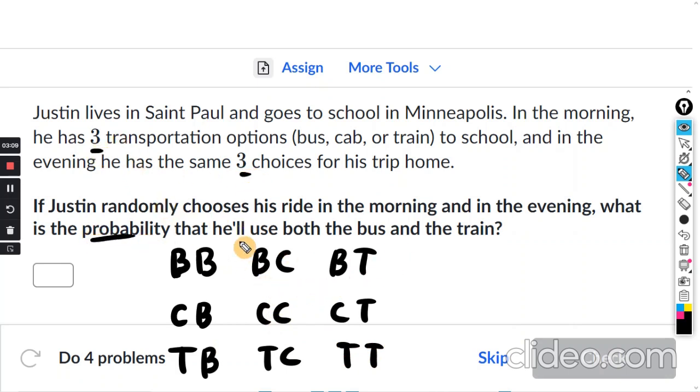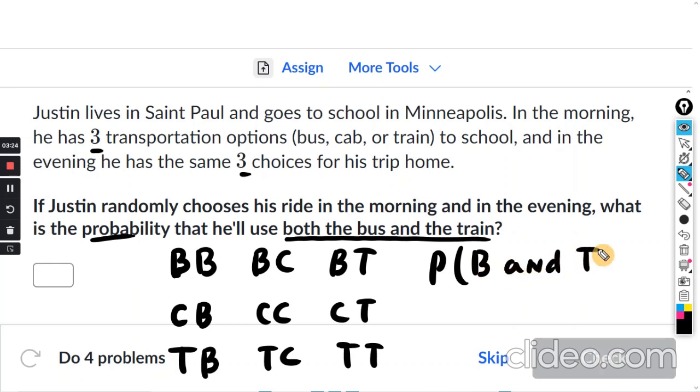What is the probability that he'll use both the bus and the train? Okay, so the probability of bus and train. How many of them have bus and train? We have 1, 2.